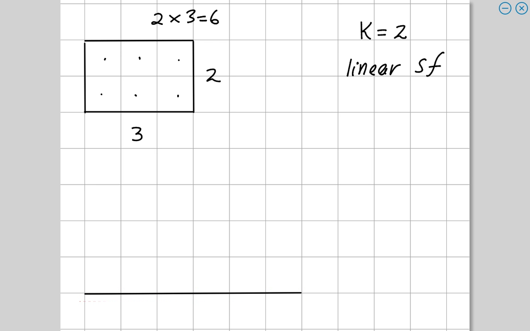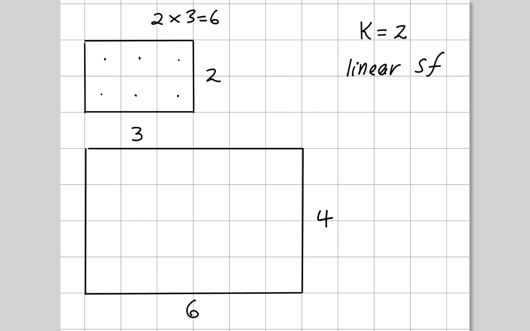And what does 2 become? 4. All right. 3 became 6, 2 became 4. How many units do I have now for area? All these would add up to 4 times 6, which is 24.